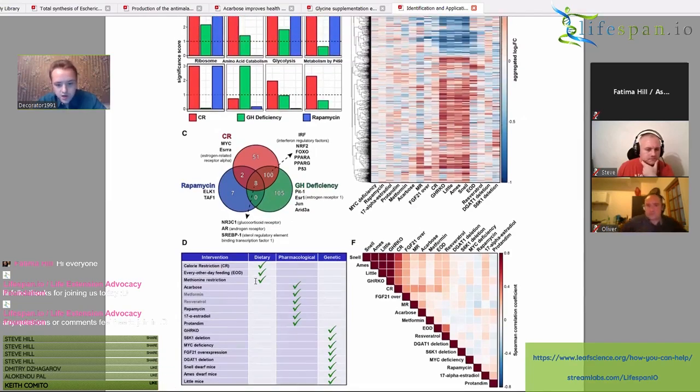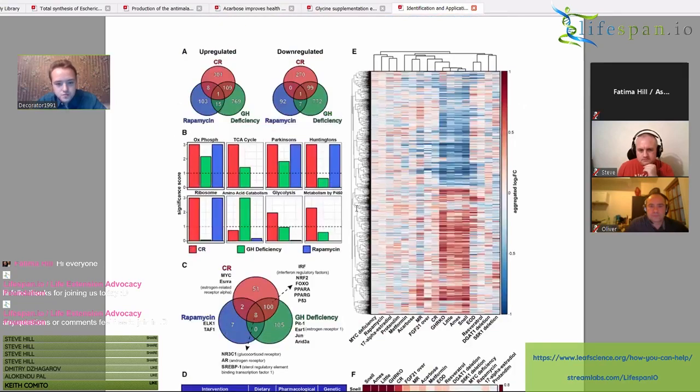And we had all types of interventions. We had diets, drugs, and genetic manipulations. So we had a pretty good representation of different types of interventions. The first thing we did was look at biomarkers related to specific interventions, for example, caloric restriction, rapamycin, and growth hormone deficiency.